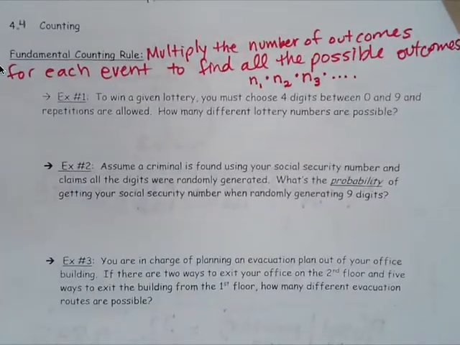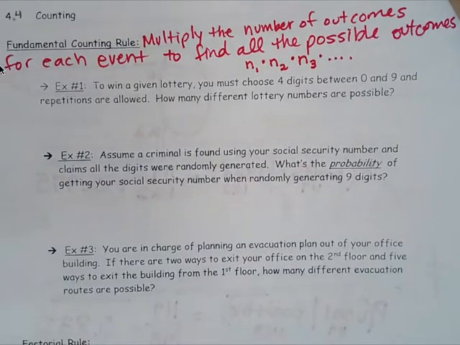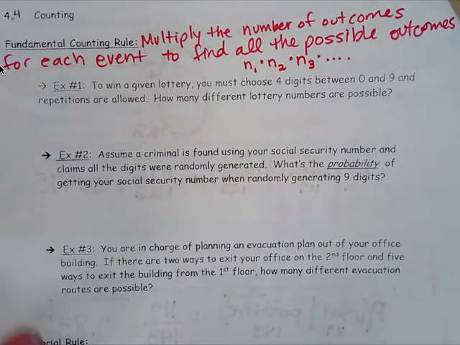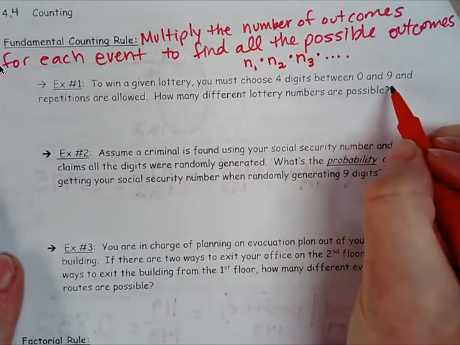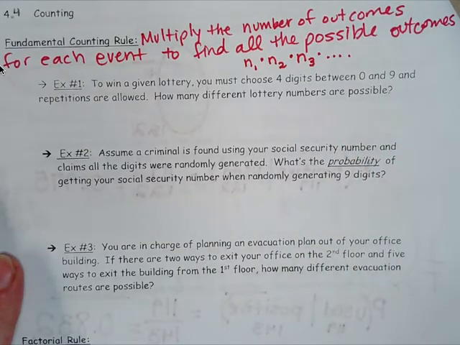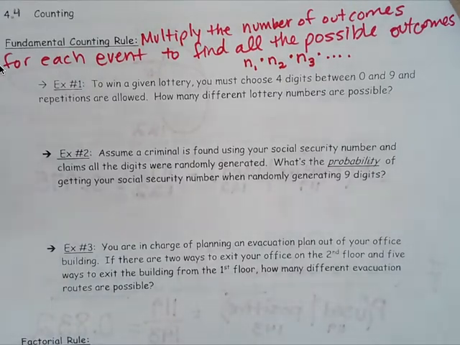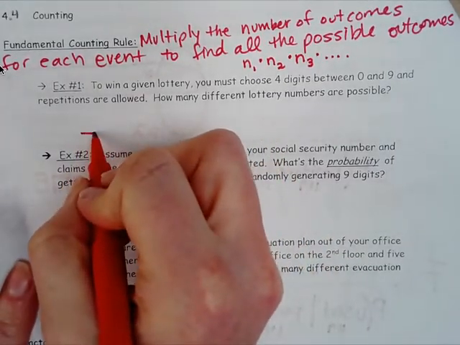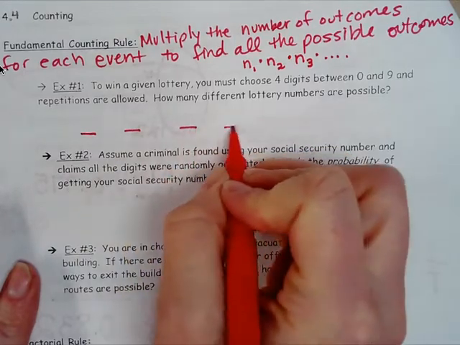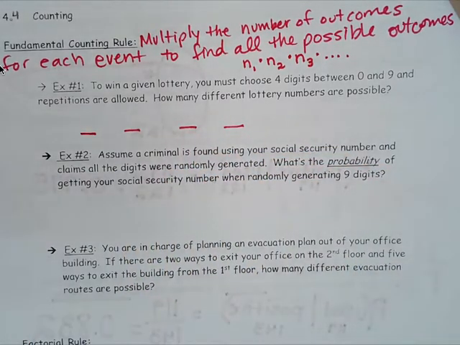So let's look at example 1. To win a given lottery, you must choose 4 digits, 0 to 9, and repetitions are allowed. How many different lottery numbers are possible? So you are picking 4 digits. So we have 1, 2, 3, 4 digits.